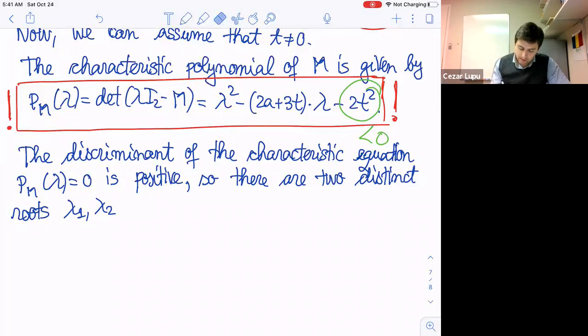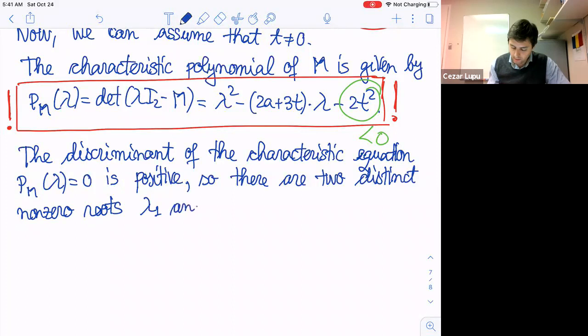Let's say distinct non-zero roots, lambda 1 and lambda 2. So we have these 2 eigenvalues, and I know that they're distinct and non-zero.